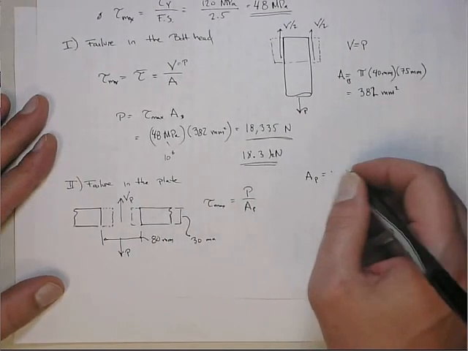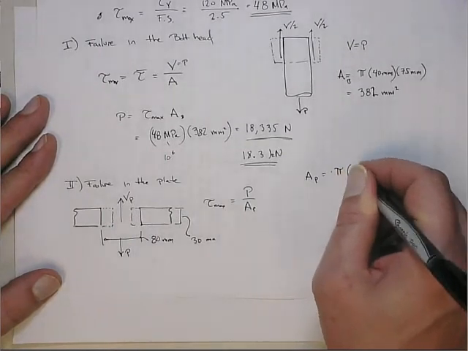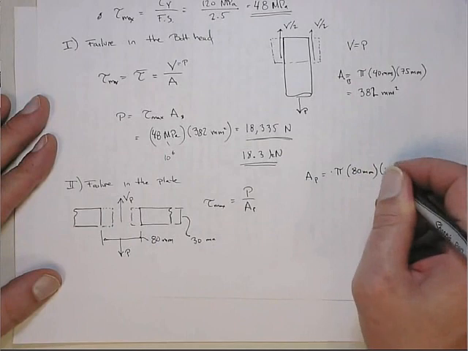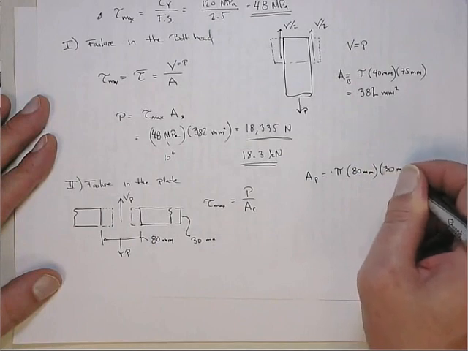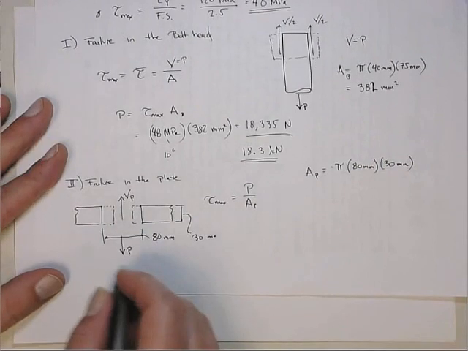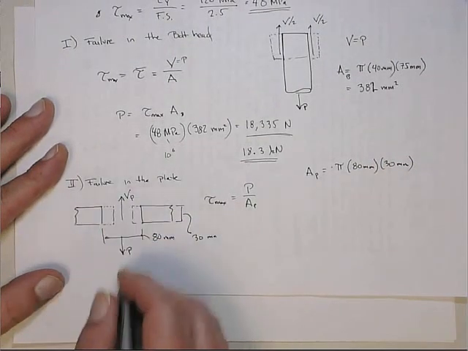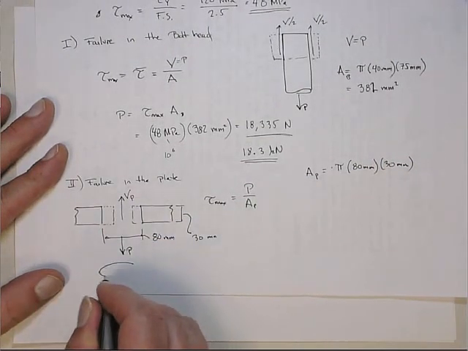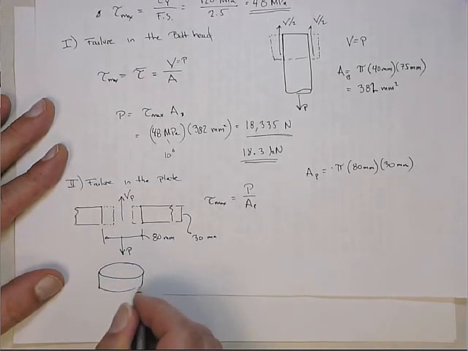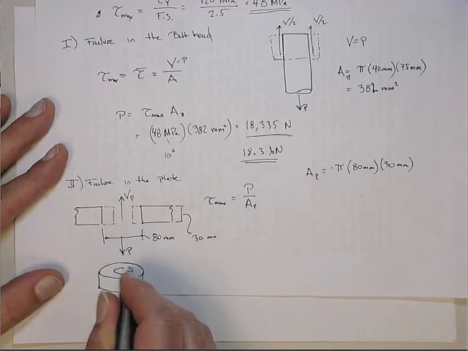So this is pi times the diameter, which is 80 millimeters, times the height of the cylinder, which is 30 millimeters. So if I were to try to draw it, actually, there's a hole in it, the plate.